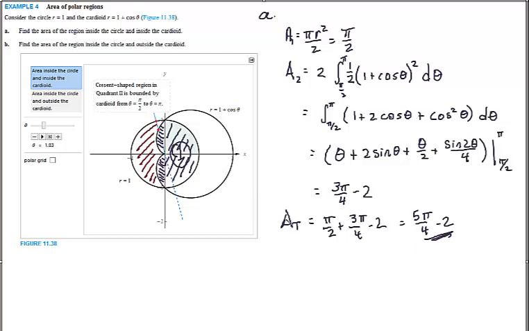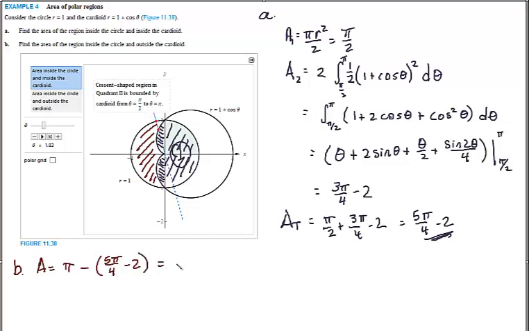Okay, so I could just find the total area of the circle, which is of radius 1, so the area is pi r squared, so that would be pi times 1, minus the area of what's in the purple, which is 5 pi over 4 minus 2.